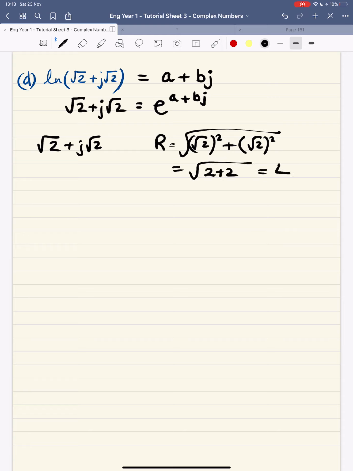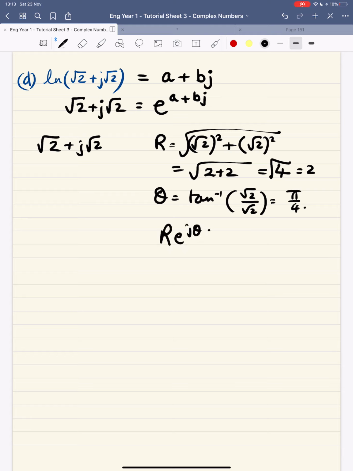So it's the square root of 4, which is 2. And the theta is tan inverse of root 2 over root 2, which is tan inverse 1, which is pi by 4. So on the left-hand side, it's going to be r e to the j theta. So we're going to have 2 e to the pi by 4 j is e to the a plus bj.